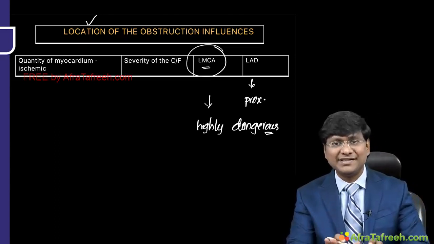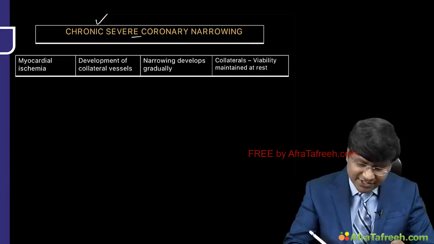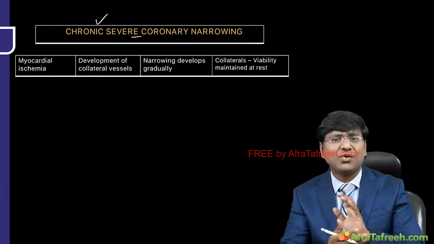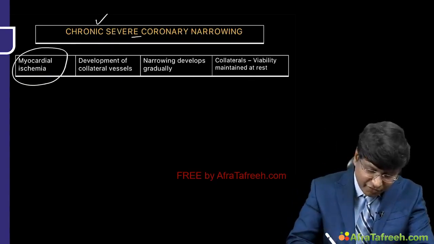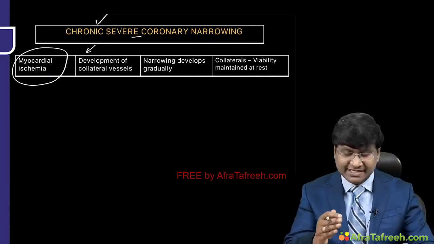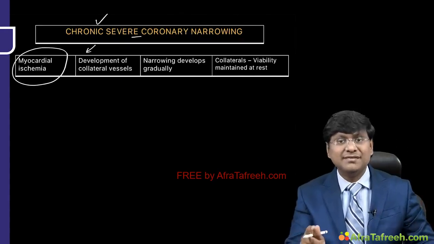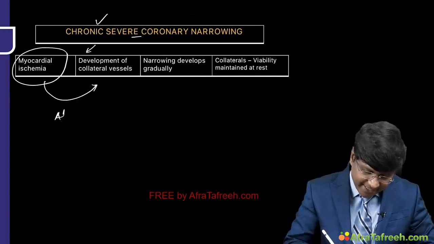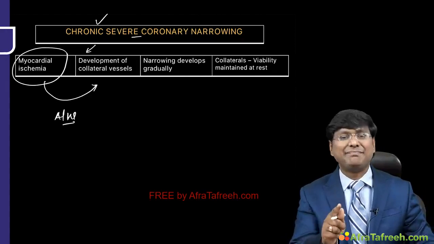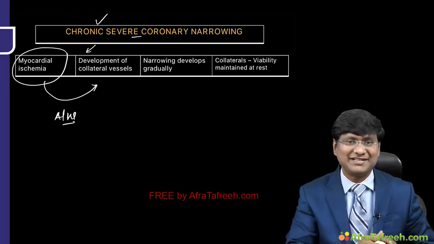Another point is, whenever there is chronic severe coronary narrowing and development of myocardial ischemia because of it, that is usually associated with the development of the collateral vessels.